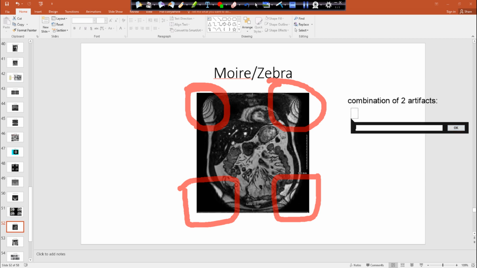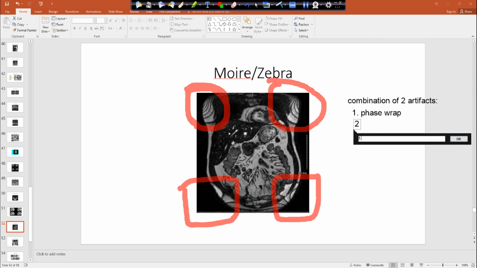Those artifacts are phase wrap and chemical misregistration, which is your in and out, or your Dixon technique.